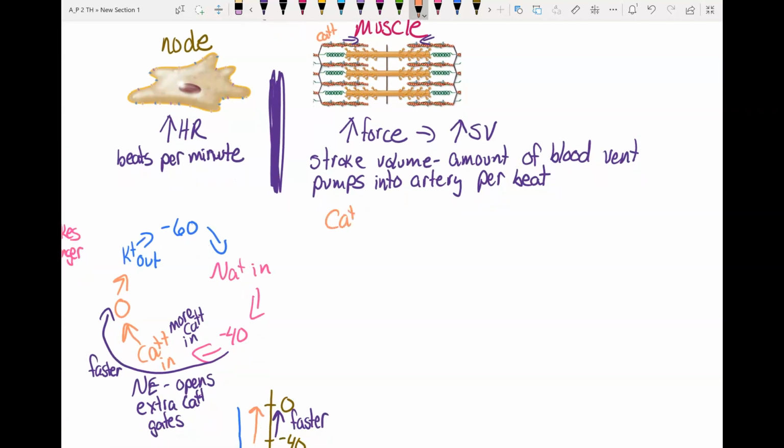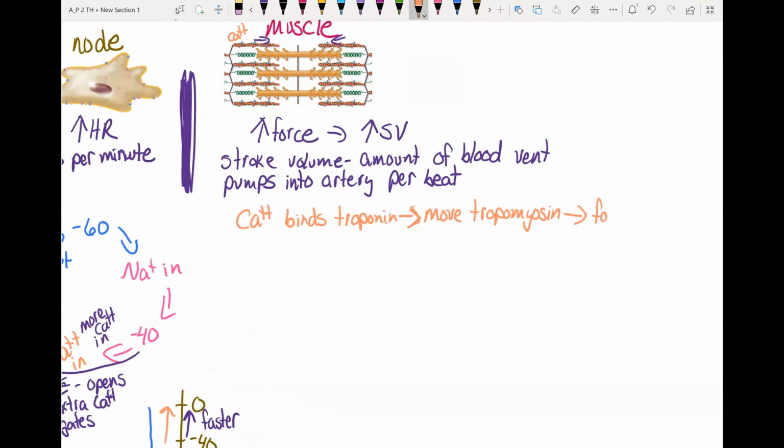So remember, calcium binds troponin to move tropomyosin, so that you can form a cross bridge. And once you form a cross bridge, then the myosin pulls the actin in and the muscle contracts.